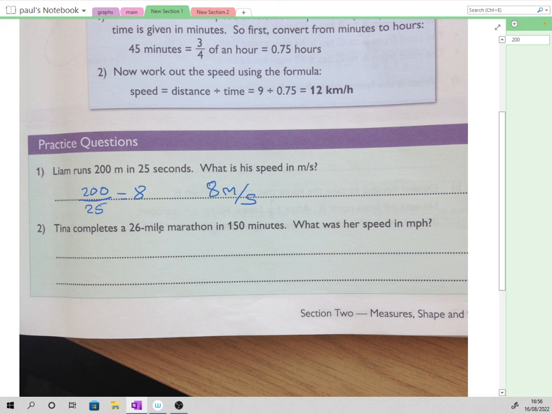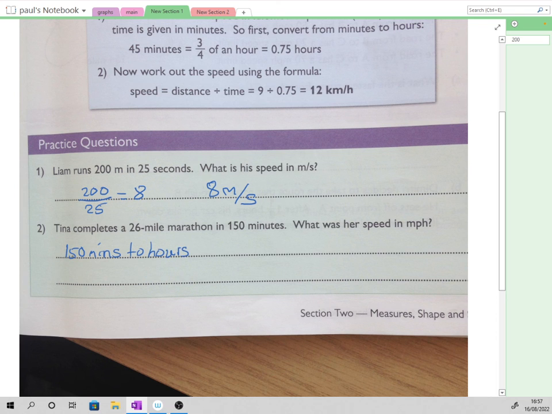Tina completes a 26-mile marathon in 150 minutes. What is her speed in miles per hour? Now, look, here we've got this mess of minutes and hours. So I'm going to convert 150 minutes to hours first.